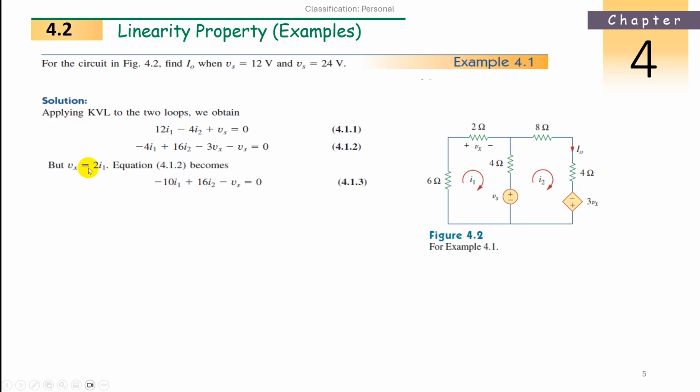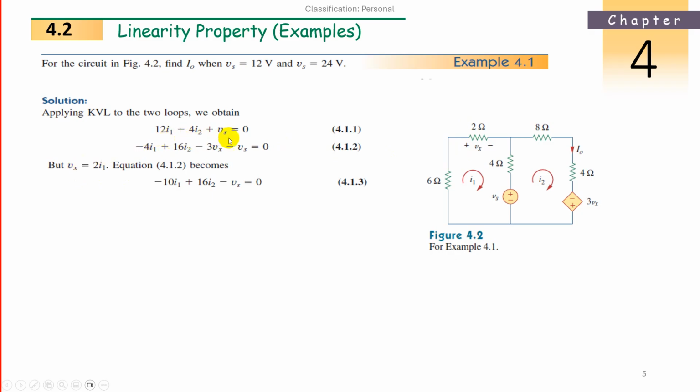Now, Vx is equal to 2I. See here, what is Vx? This is the resistance and this is the Vx, already given. Now what is Vx equal to? The current flowing in the 2 ohm resistance is I1, entering at the plus. So it is 2 I1. Current enters plus means plus it will take. So 2 I1 is the Vx.